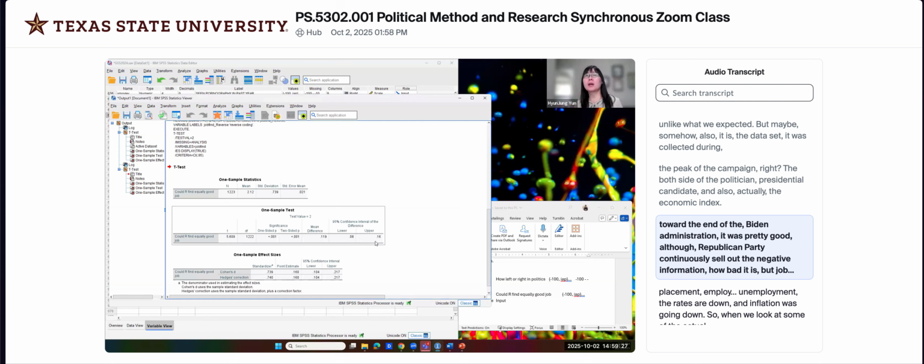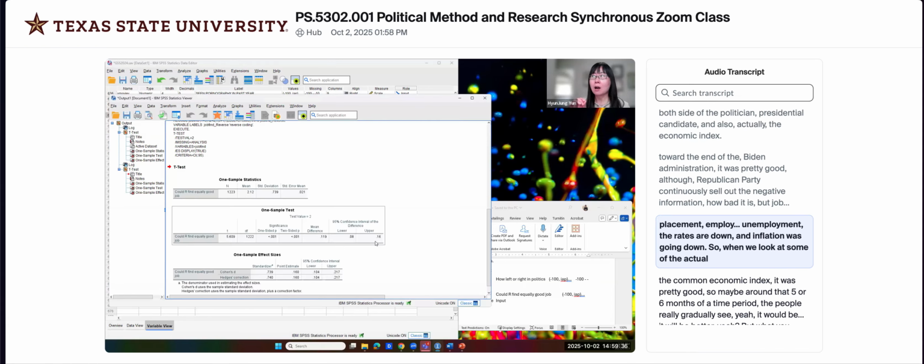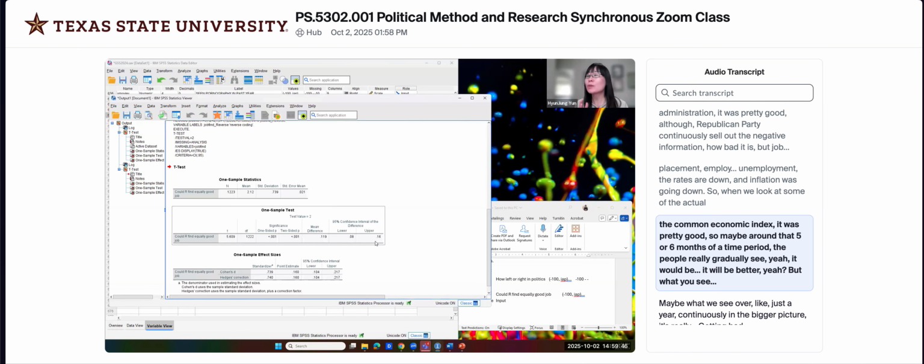Although the Republican Party continuously sells the negative information, how bad it is, job placement, unemployment rates are down and inflation was going down. So when we look at some of the actual economic indexes, it was pretty good.